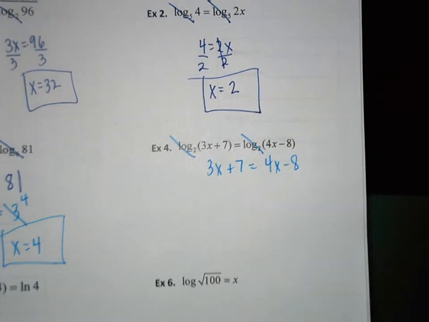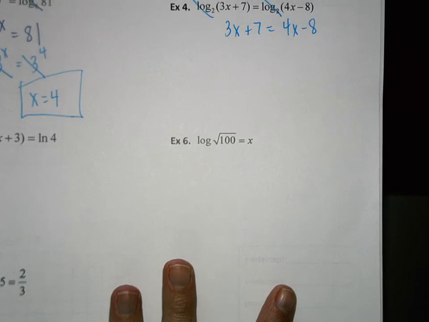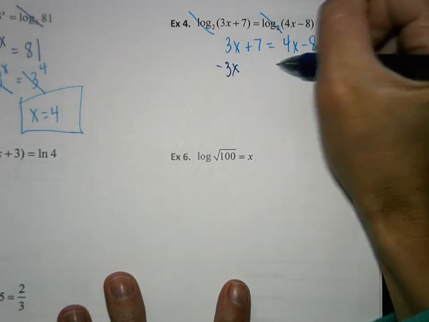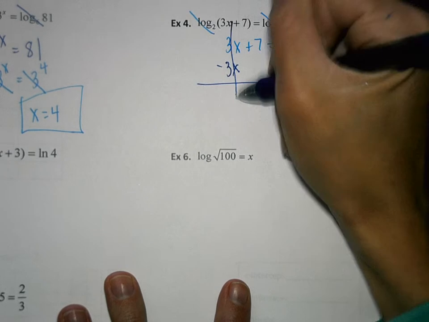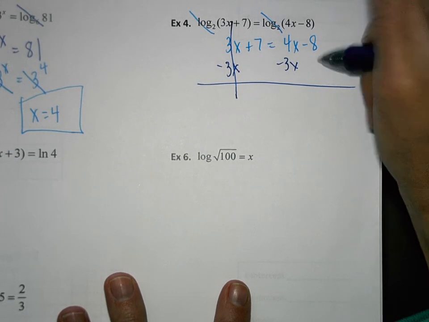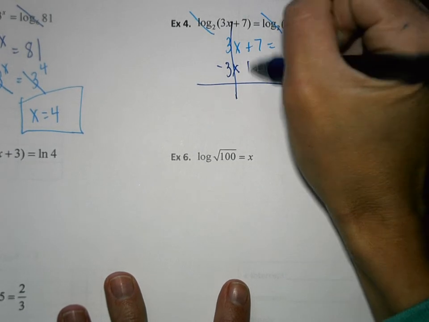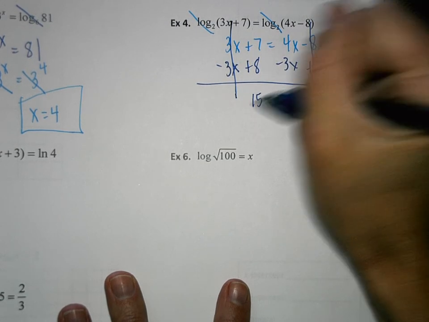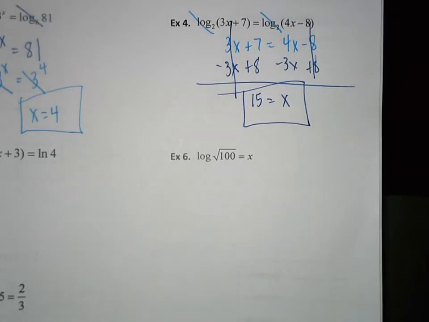You can move things either way. I'm going to subtract 3x. These eliminate. I'm going to add 8 to make those eliminate. x equals 15. We're just solving for x. Are we okay there?